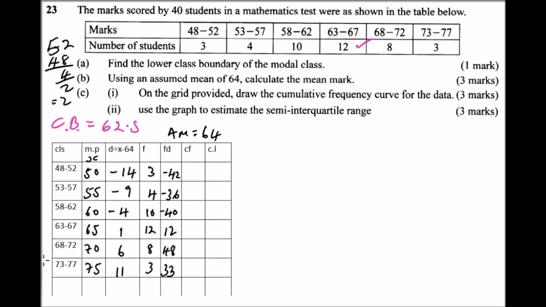The other column is the cumulative frequency. To get the cumulative frequency, you just add up the frequencies. So you start with 3. 3 plus 4 is 7. 7 plus 10 is 17. 17 plus 12, you get 29. 29 plus 8, you get 37. 37 plus 3, you get 40.